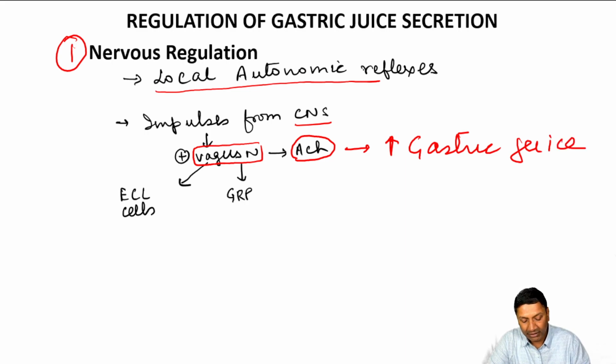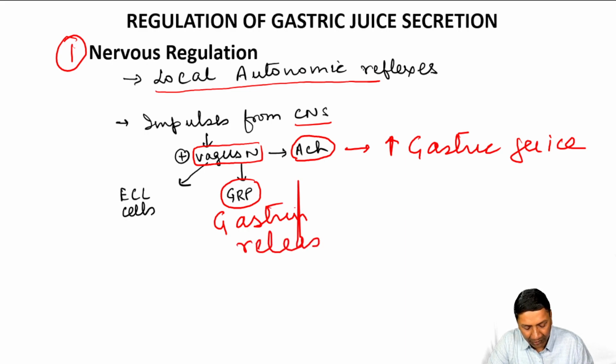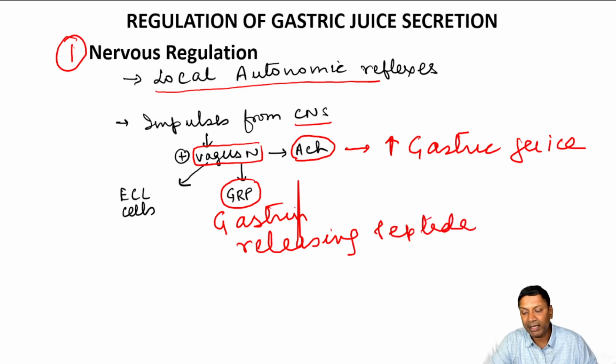Then the other one is the vagus nerve will release one peptide called gastrin releasing peptide, the short form is GRP, right?